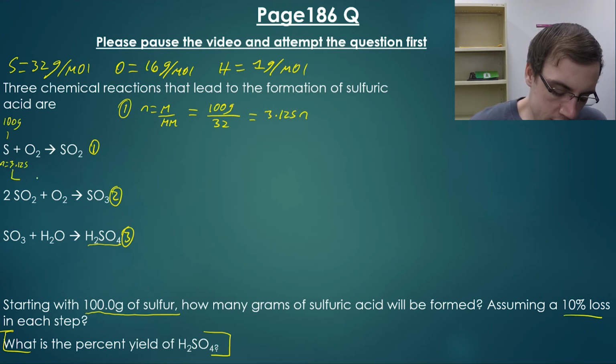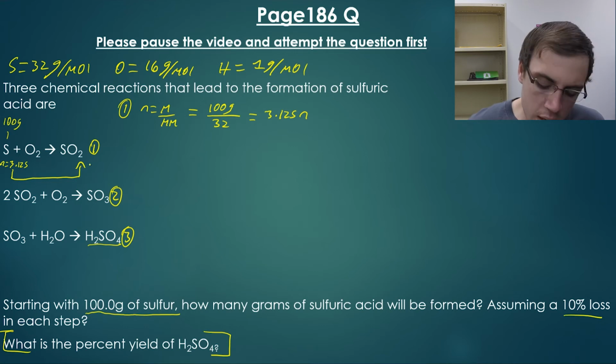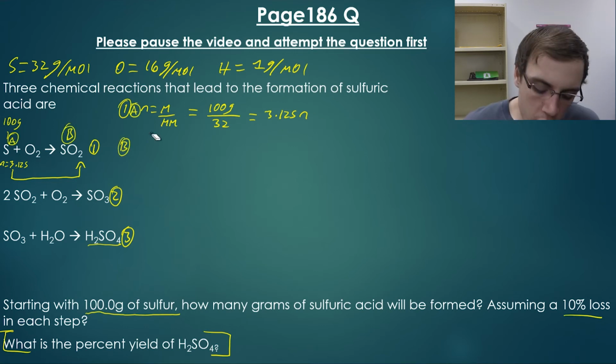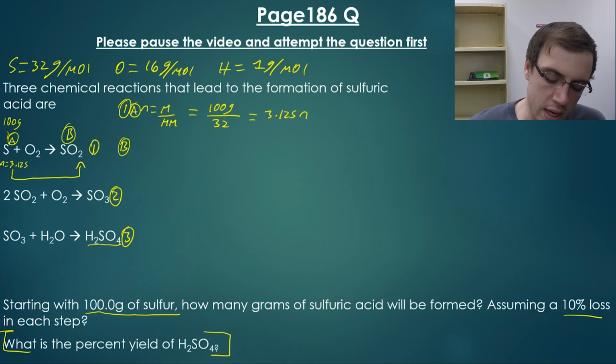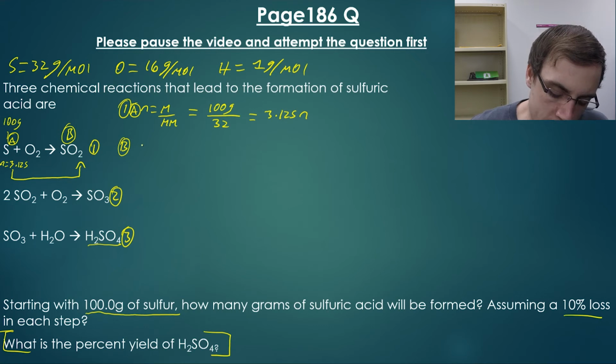Now we use this again to work our way backwards. So we know that we have 3.125 moles. So now we're going to calculate the moles of sulfur dioxide. So we have the moles, which is 3.125, is equal to the mass, which we don't know, divided by the molar mass.